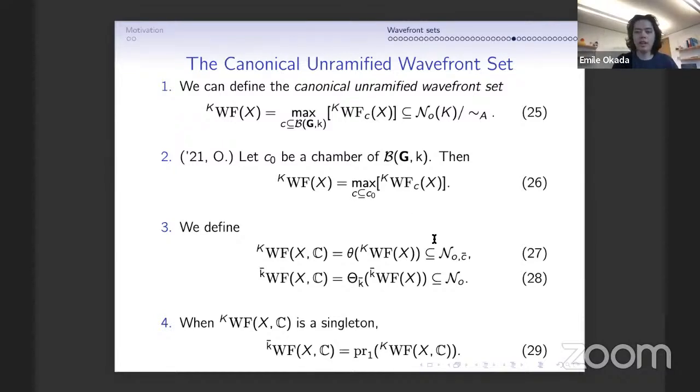So you remember these are pairs. The geometric one is just the first entry. And if we drop the requirement that it's a singleton, there's still a very straightforward relation between the two. But in all the cases we consider it's a singleton, and so we have this very simple equality.